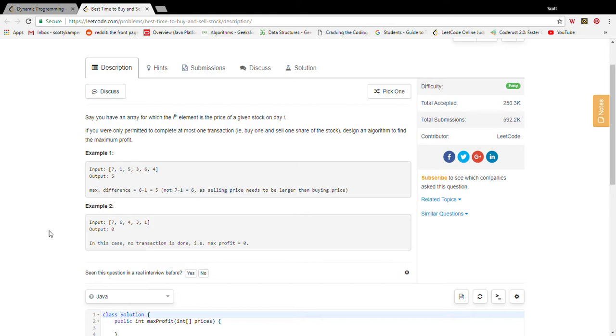If it is, then our new max profit is the price on day i plus 1 minus the minimum previous price the stock has been in the days leading up to that. If it's not greater than the max profit from day i, then we just keep our max profit at the profit of day i. So that's the recurrence.